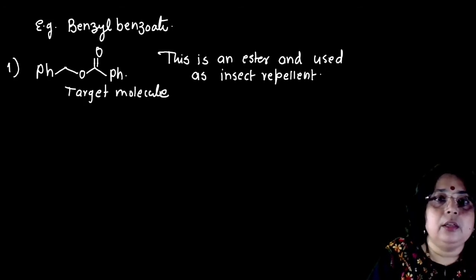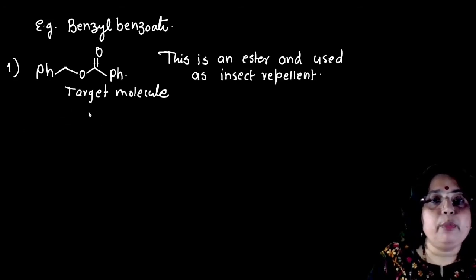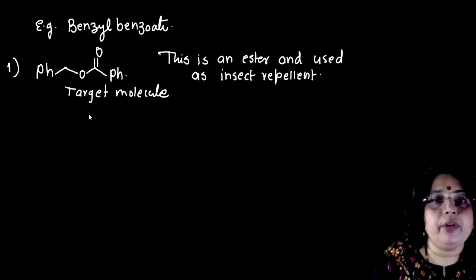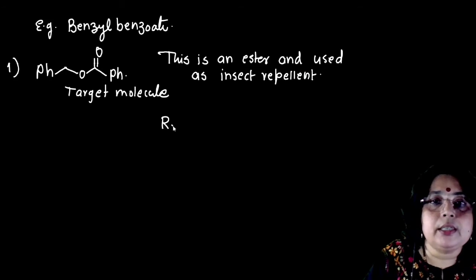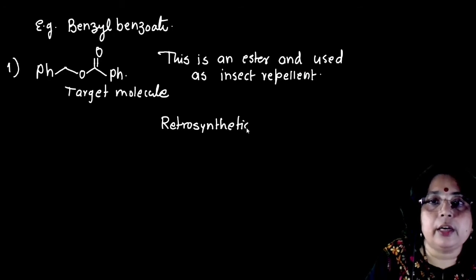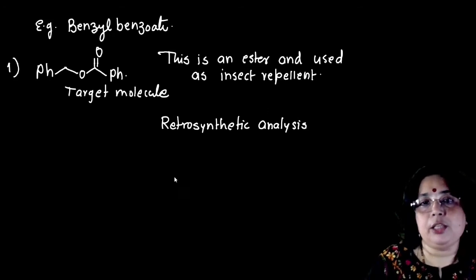All right. Now, just remember the first lecture where I explained that whenever there is a retrosynthetic analysis, now let us carry out the retrosynthetic analysis of this benzyl benzoate.